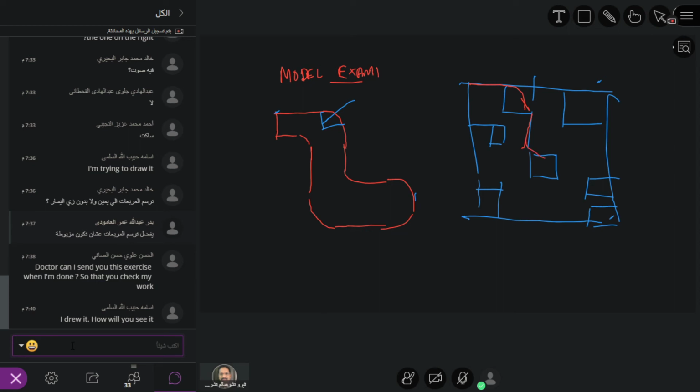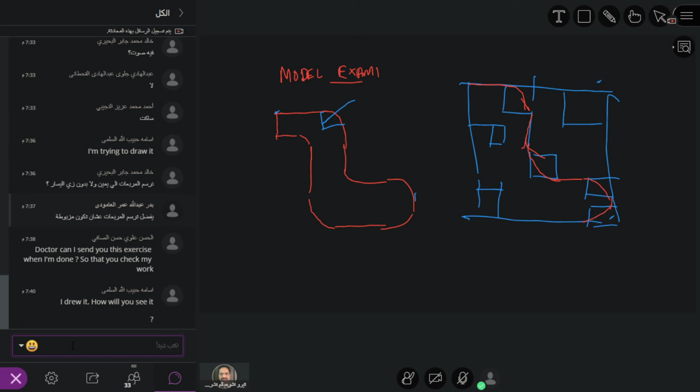And this is the arc, I join it here, another arc, join it here, another arc, and here another arc, not here, maybe somewhere here. Okay, and something like this, another arc, and join it here. So this is my final drawing. So this is how you have to make it.